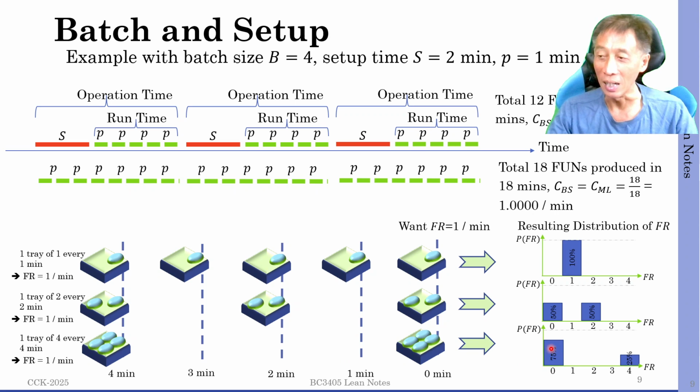So it's like 0, I see 75% of the time. Every 4 minutes, I see 3 zeros, and every 4 minutes, I see 1 tray of 4 flow units. So the 4 flow units, I see 25% of the time. Again, if you do the sum product of 0 to 75%, 4 and 25%, you get 1.